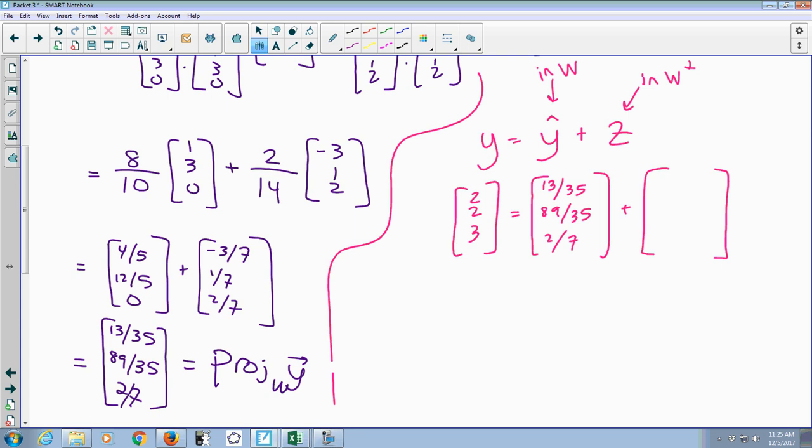So 2 is 70 over 35, and 70 minus 13 would be 57. Then 70 over 35 minus 89 over 35 would be negative 19 over 35. And 3 is 21/7, so 21/7 minus 2/7 is 19/7.